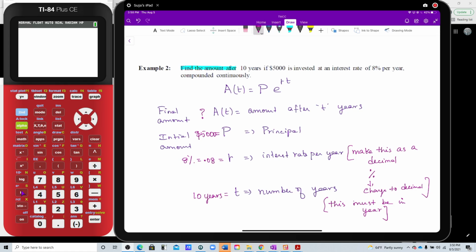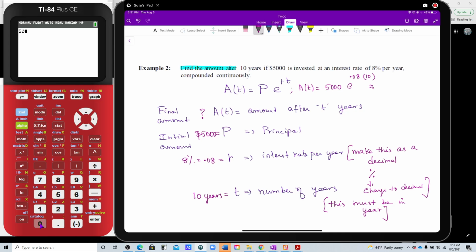So these are the numbers I'm going to plug into the formula. A of t is equal to 5,000 e to the power of 0.08 times 10.